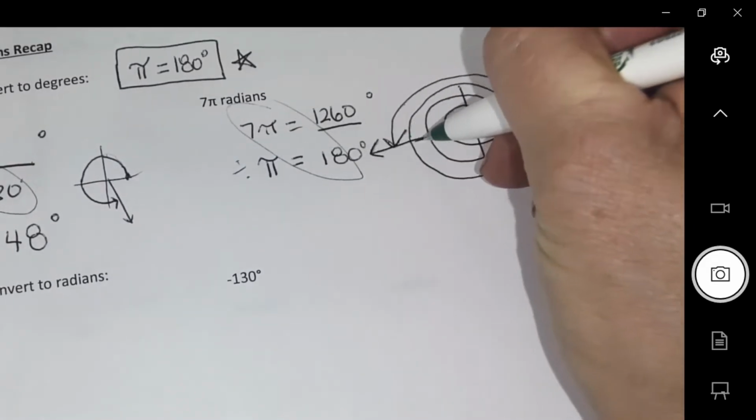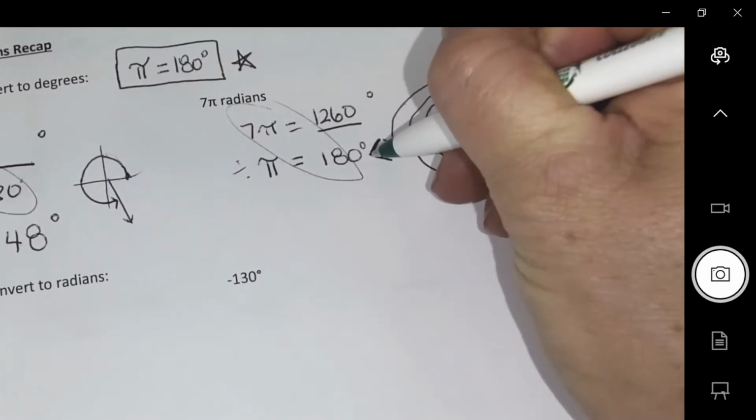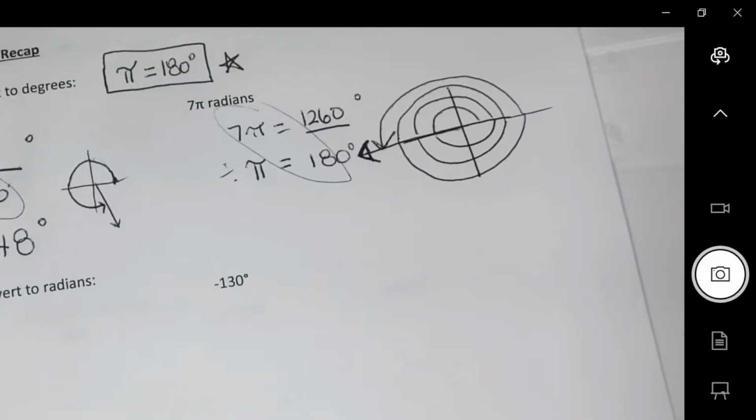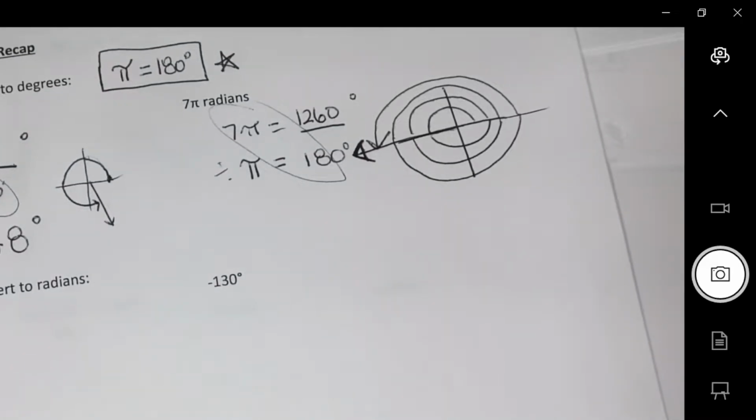So I end up over here, and that's how many times I had to spin around to get there. Okay, so I counted with pi's. If you were doing it in degrees, you would have had to do 360, 360, 360, and figure out how many times you would have done that.